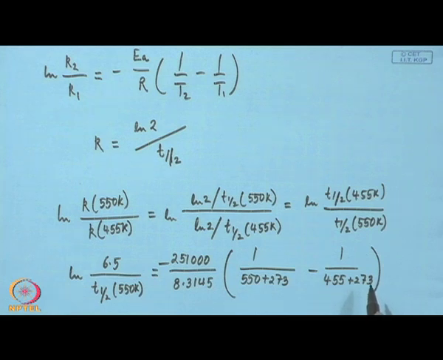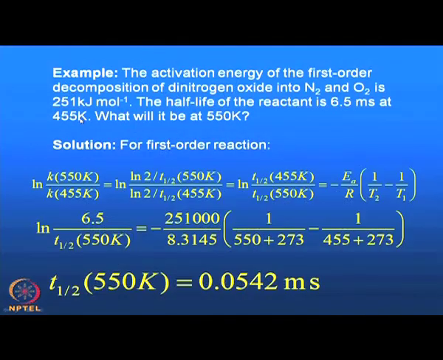Since we are adding 273 here, actually in the question it should be 455 degree centigrade, not Kelvin, otherwise we should not have added 273. Anyway, I should write it as 550 degree centigrade.